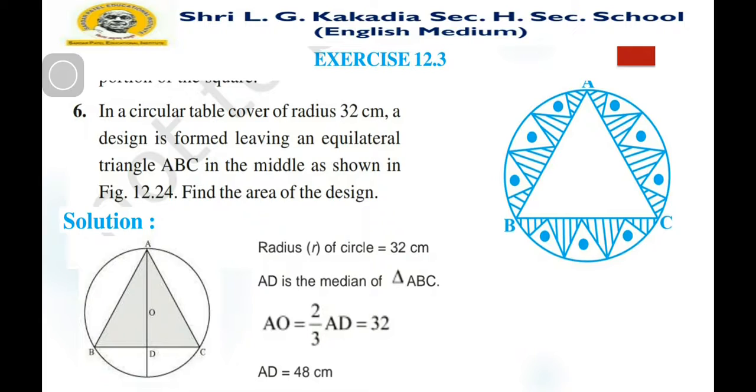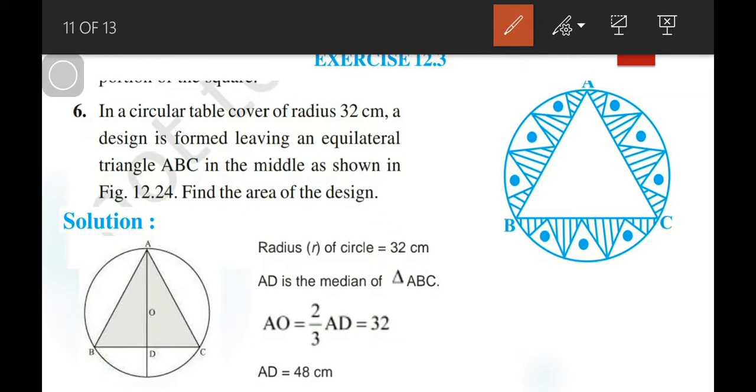Now if we want to find this design area, we have to subtract the area of this equilateral triangle. For that we have to know its altitude and its base. We have studied that the area of an equilateral triangle is equal to square root 3 by 4 into side square.